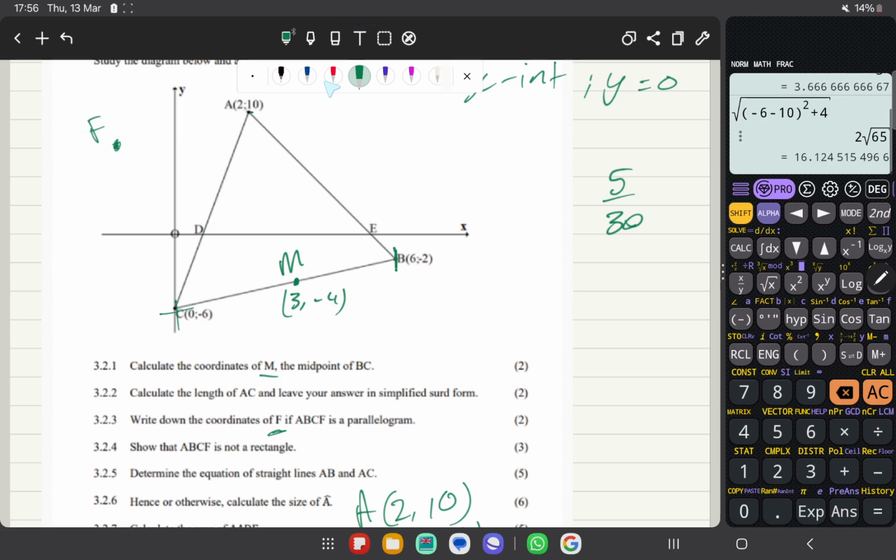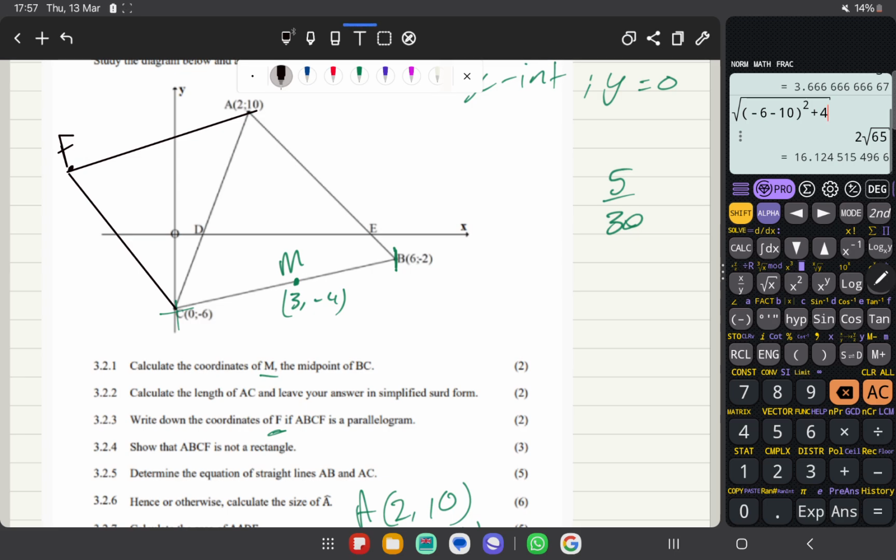Then I go on, extend to F. If that's the case, F will have to be somewhere here. So then I have BA, and there you have it.